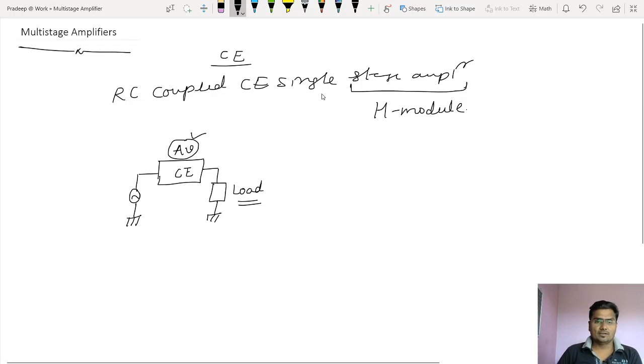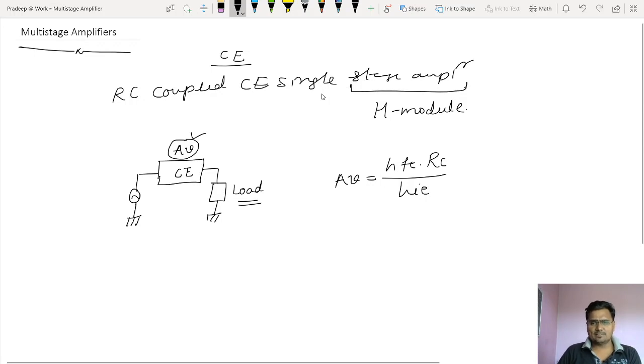Then what to do? Obviously you will try to increase the voltage gain. How can I increase it? In last semester we derived the equation: voltage gain equals HFE multiplied by RC divided by HIE. This is the equation we derived from the approximate H model.